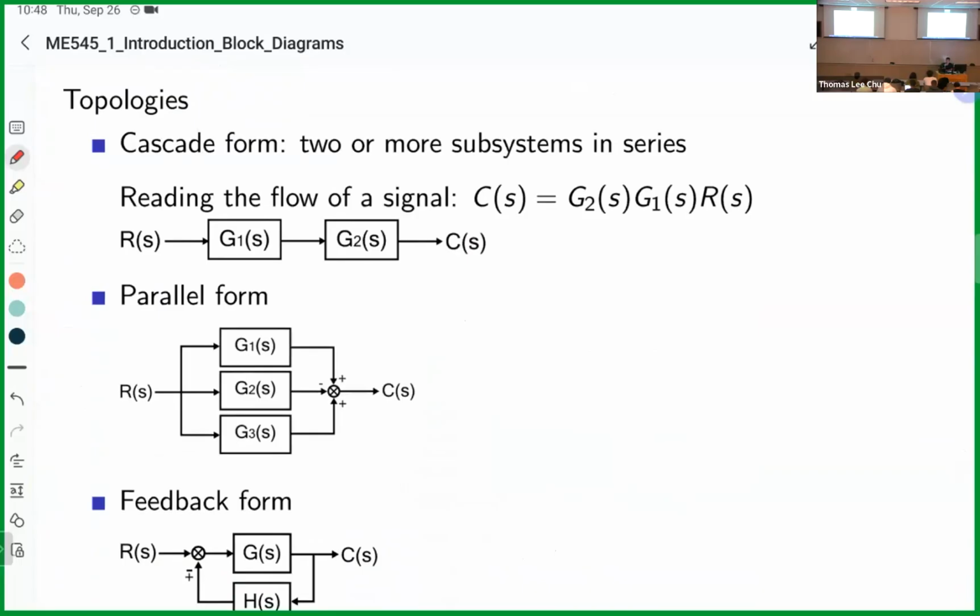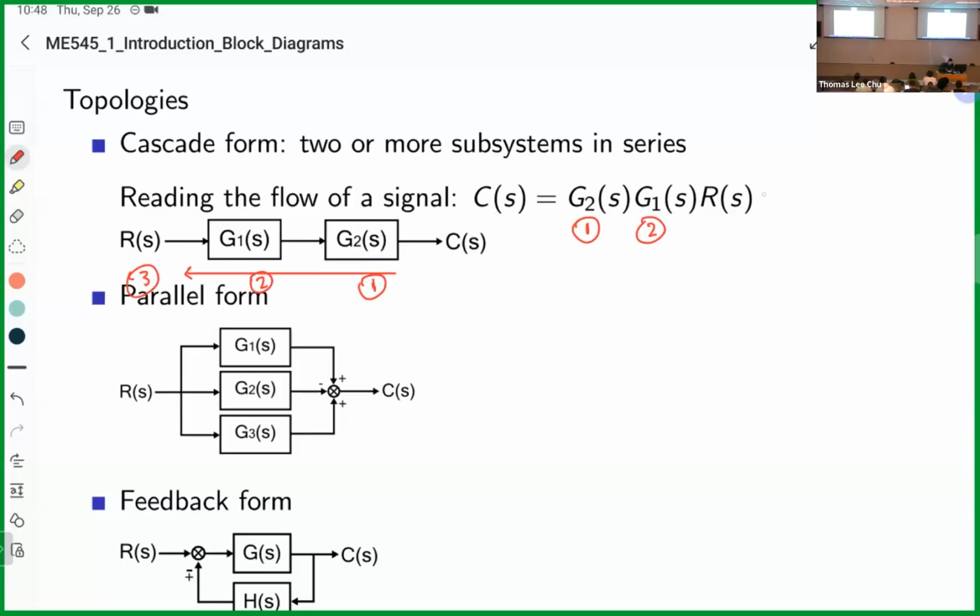But when we're dealing with multiple input, multiple output systems, order does matter. So the way we want to order the blocks is we want to work backwards with the flow. Our output is going to be G2 multiplied by G1 multiplied by the input. And this is how we read the flow.